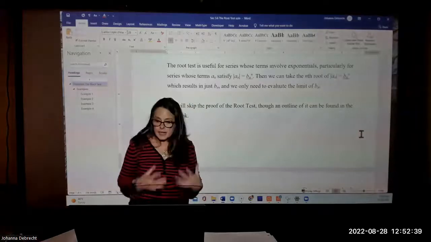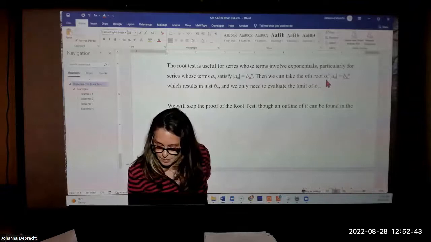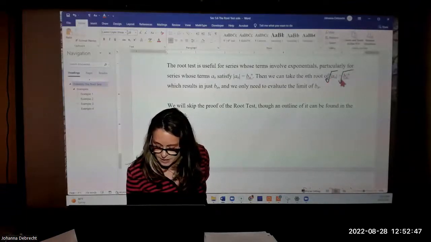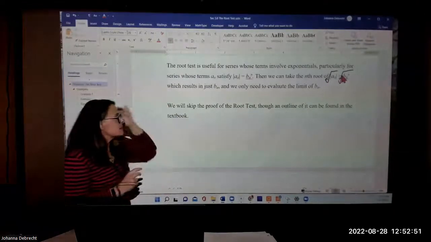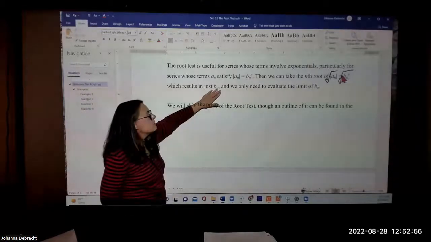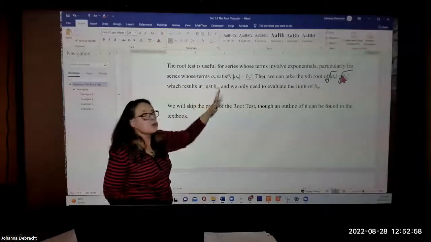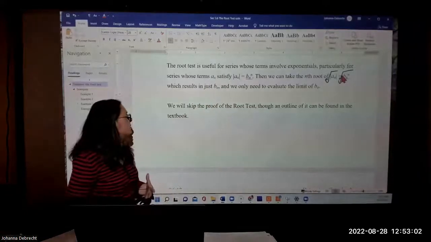Then we can simply take the nth root. So we're taking the nth root of the absolute value of a sub n, which is the nth root of this sequence b sub n raised to the nth, and then the nth root undoes the nth power, and you just get b sub n. And then you're evaluating the limit of b sub n, which is a much simpler thing to try to do.